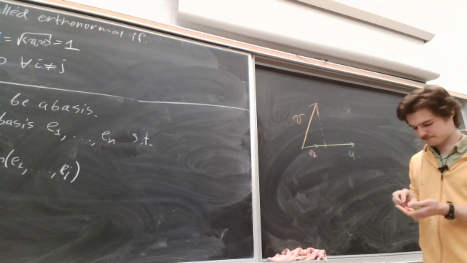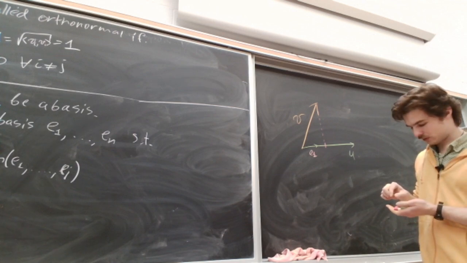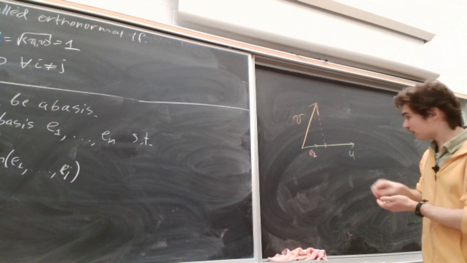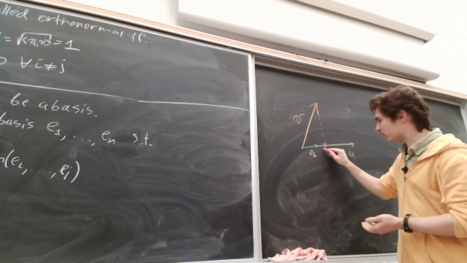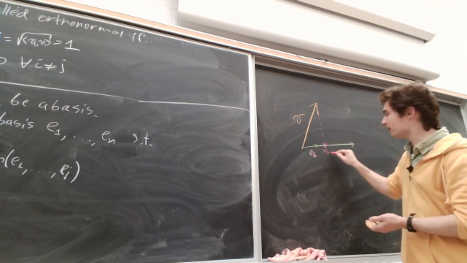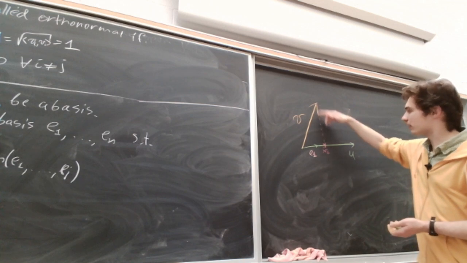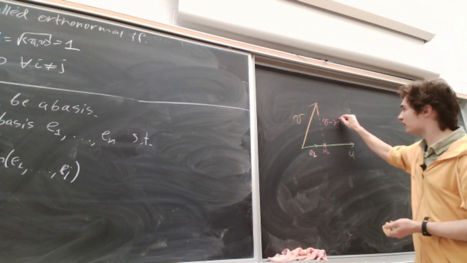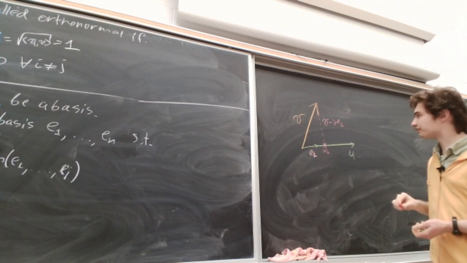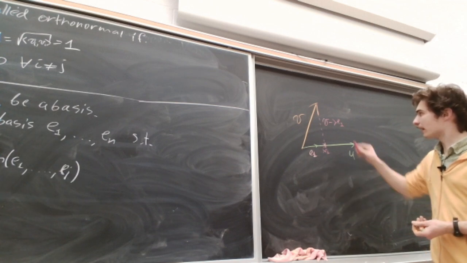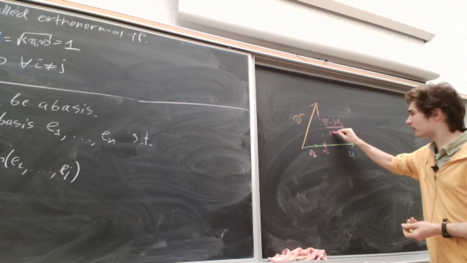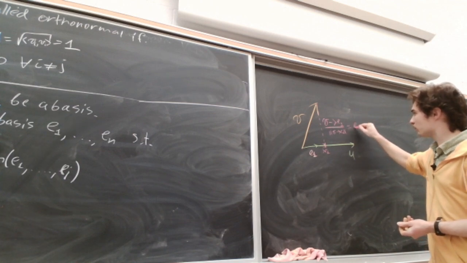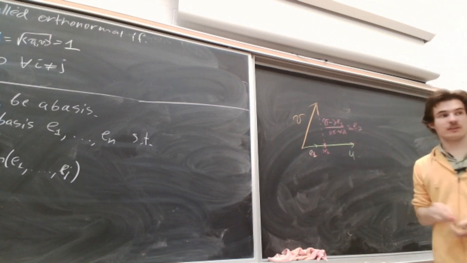Do you agree? So this is vector v. This is E1. This is going to be some lambda E1, right? And so this vector is going to be v minus lambda E1. And then I can divide it by its length to give it length 1. And we'll define this to be the second vector.